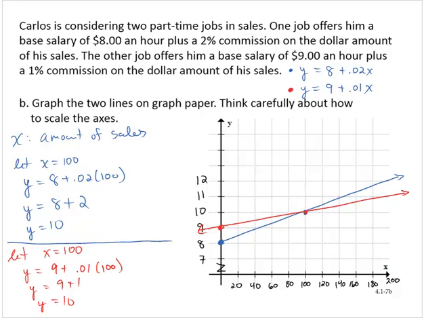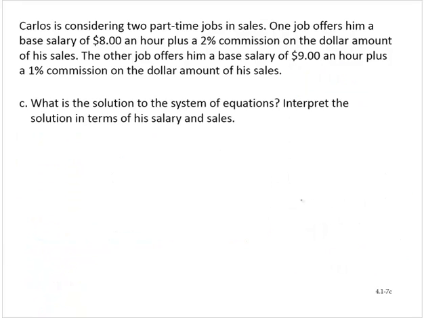We see that graph, and notice that those 2 lines intersect at 100. What is the solution to the system of equations? Well, the solution of the system is 100. Interpret the solution in terms of salary and sales.